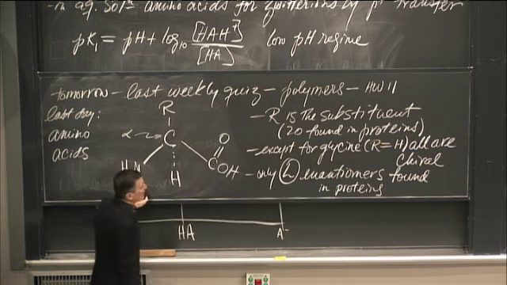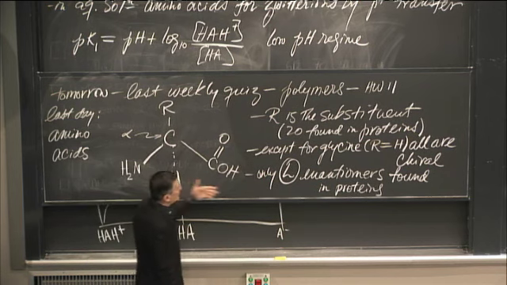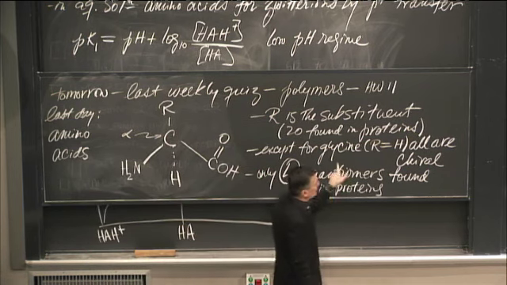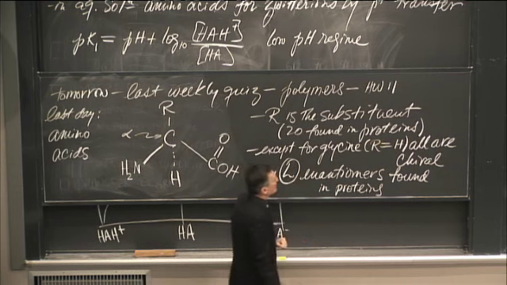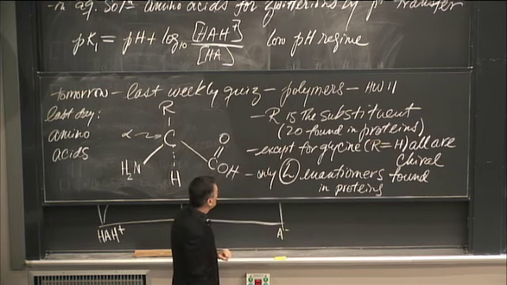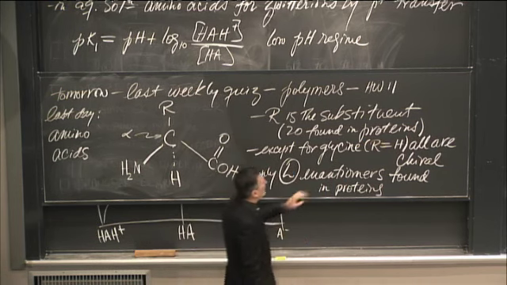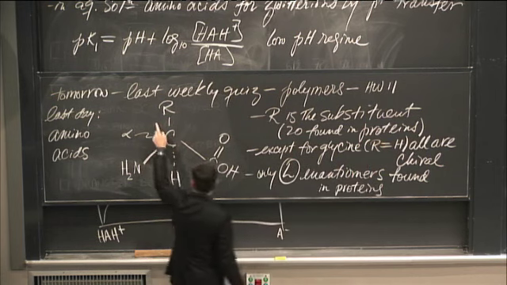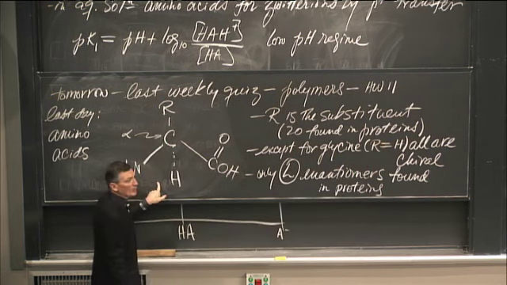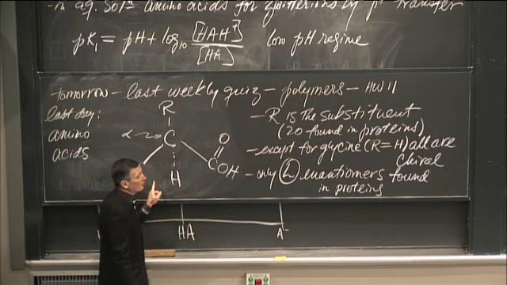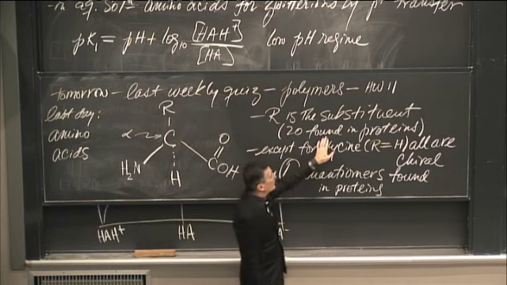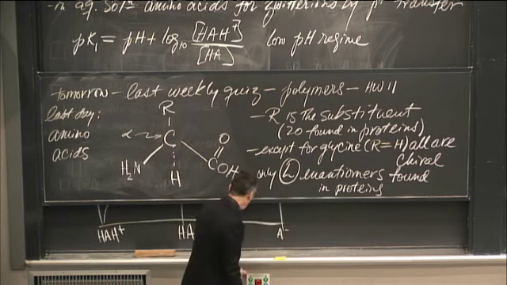And only the L enantiomer is found in proteins, and we saw that the L is determined on the basis of polarization rotation of light in an aqueous solution of this, except for glycine. In the case of glycine, we have H up here. So we have an H above and an H below. That molecule is not chiral. So 19 of the 20 amino acids that we find in proteins exhibit chirality.